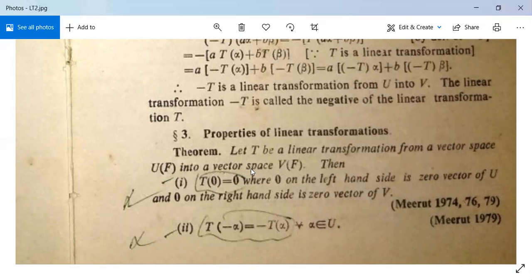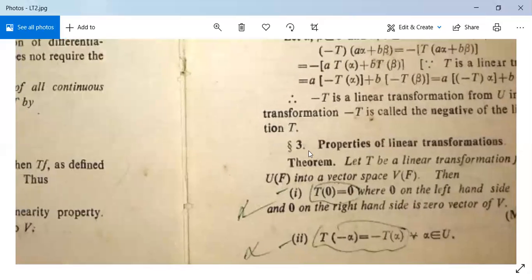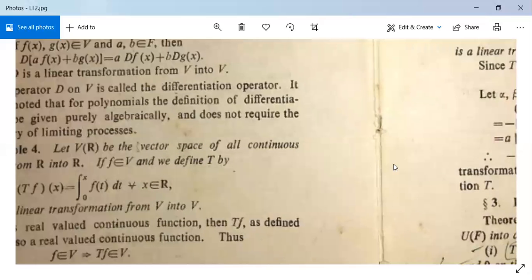We have two vector spaces U and V over the same field F. Then first property, T of zero vector is equal to zero vector, where the 0 on the left hand side is the zero vector of U and the 0 on the right hand side is the zero vector of V. And T of minus alpha is equal to minus times T alpha for all alpha in U. This is your second property. We will discuss this in our next class.